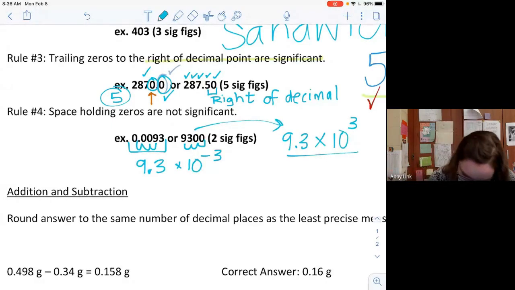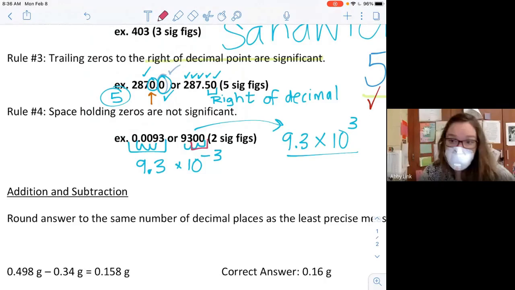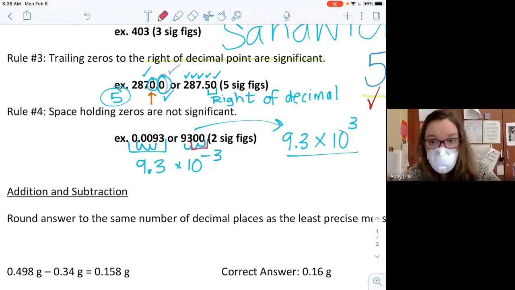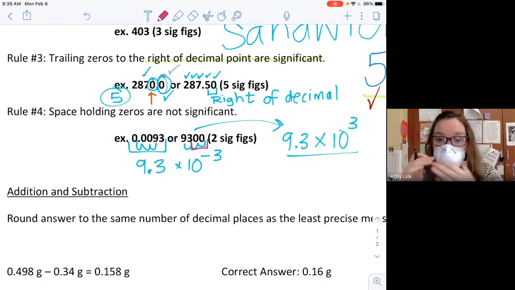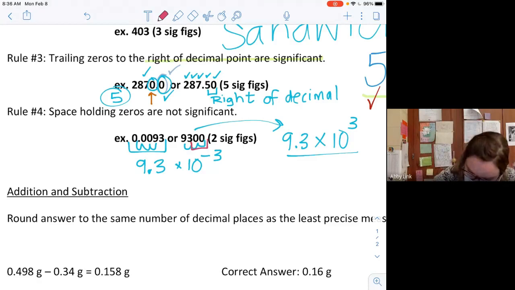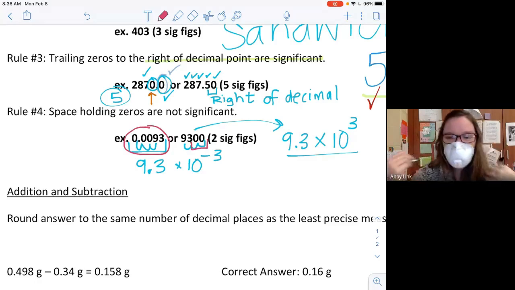These zeros right here are not sandwiched. They have the top of the bread, but they don't have the bottom of the bread, right? They have nothing to the right of them to sandwich them in. All right, they're also not trailing a decimal point, okay? In this first example, because we have that decimal point there, we kind of have to use the space holding rule over that trailing the decimal point, okay?